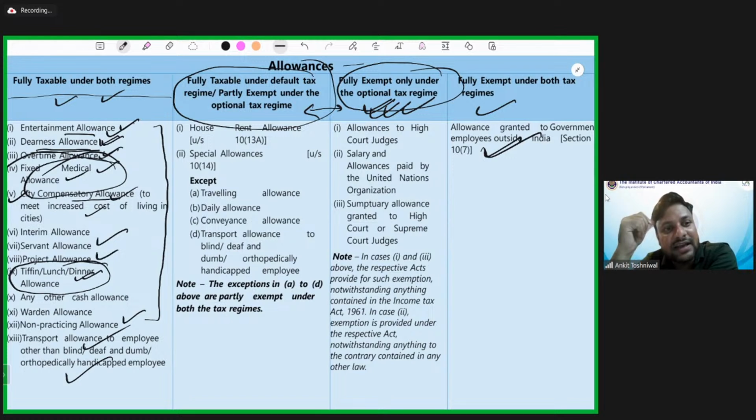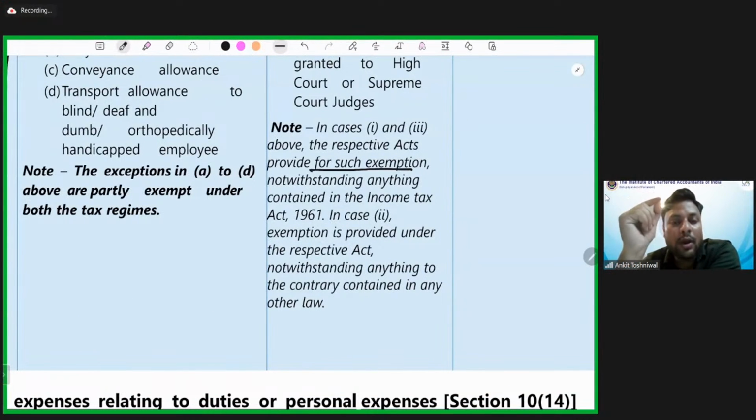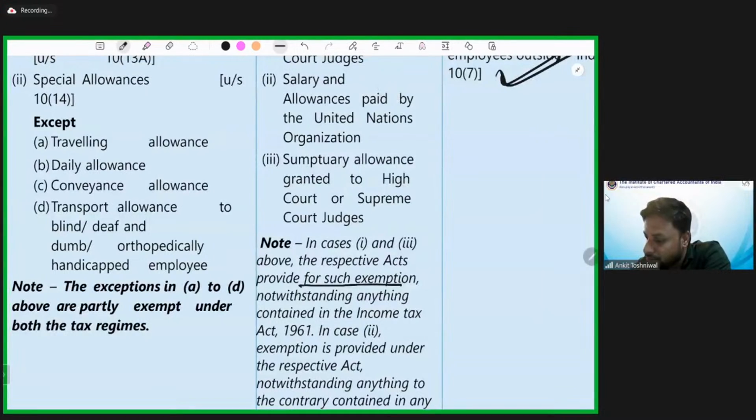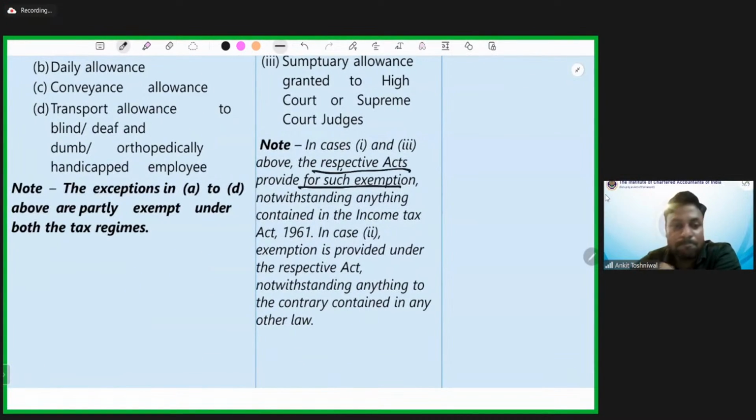First, we will say it is exempted only in the old regime, but we will also write like this, because under the respective act in which these allowances are provided, exemption is given notwithstanding anything contained under the Income Tax Act or any other act.